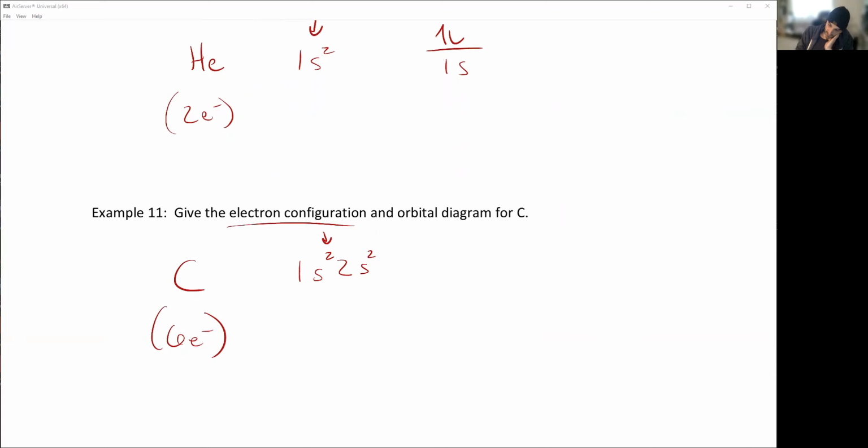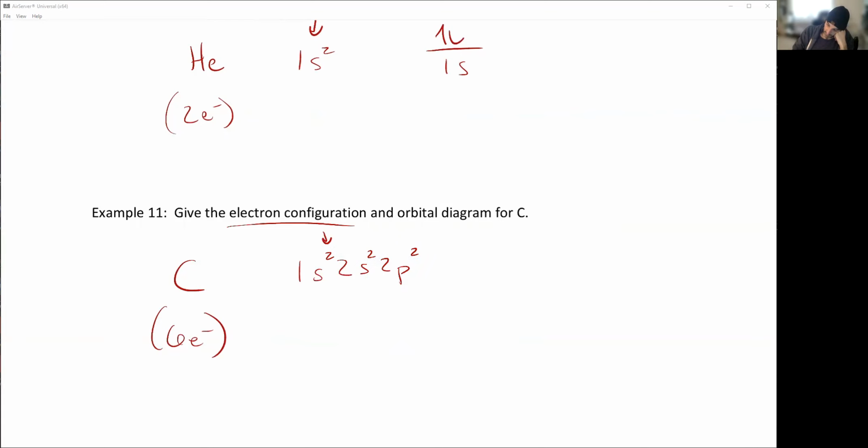The next thing that's going to fill up is the 2p, and that's going to have 2 electrons. The 2p can fit 6 electrons, but I have 6 total electrons. So 2, 4, 6 electrons, and I'm out. So 2p is going to be partially empty because we don't have enough electrons.